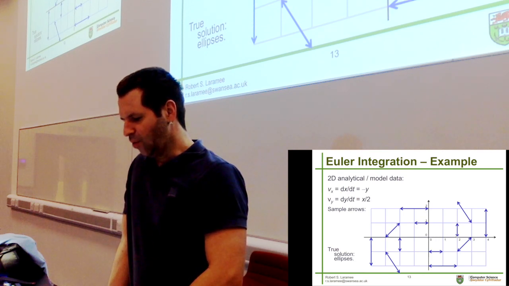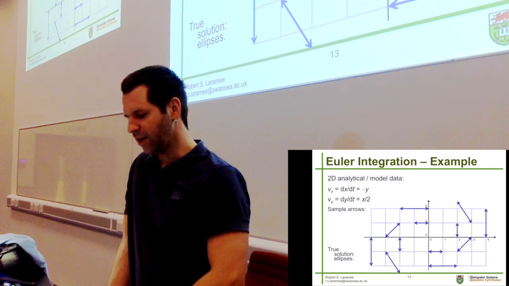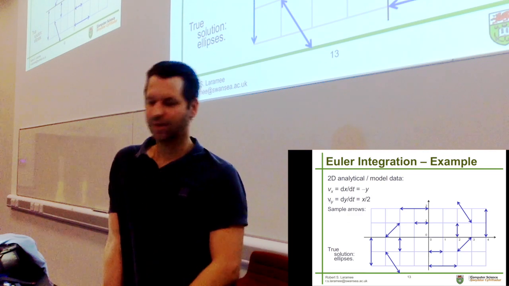And if I look at the y component of the velocity vector at this point, the y component is the x component, in this case it's 2, divided by 2. So 2 divided by 2 is 1. So the y component is 1.